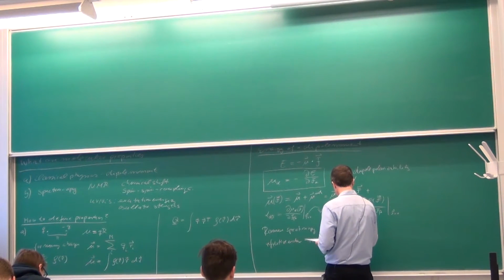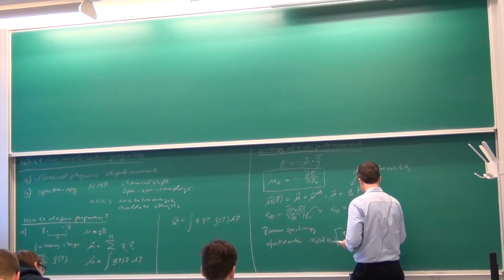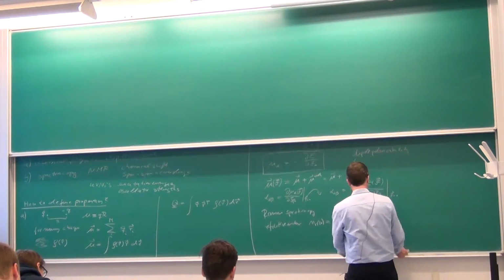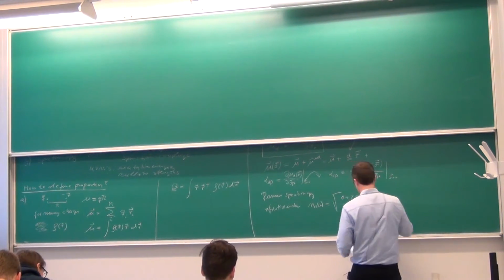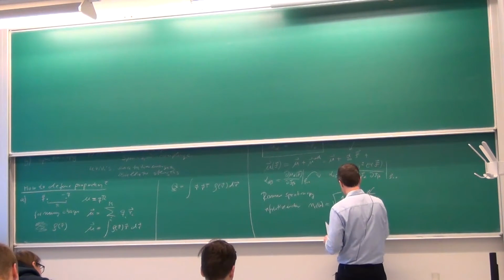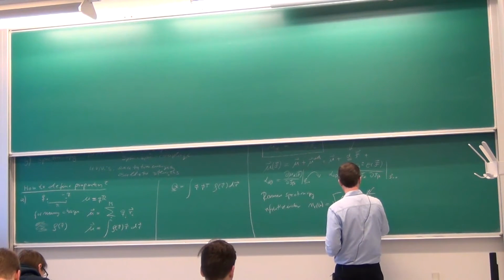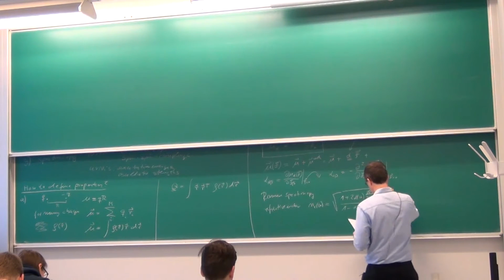The equation I'm writing up is for a simple system which doesn't have a permanent dipole moment, where we get 3 times epsilon 0, the vacuum permittivity, over 1 minus alpha of omega, 0, like this.